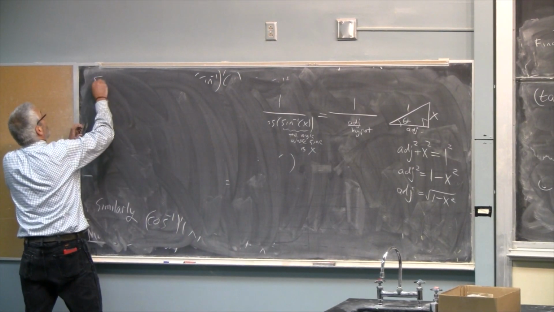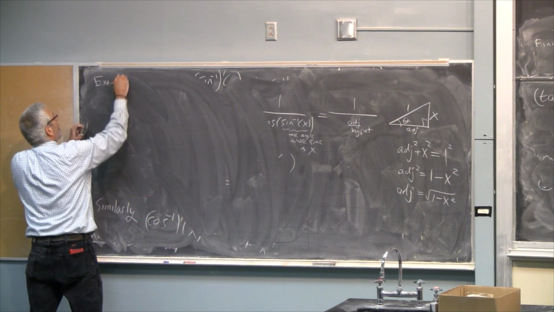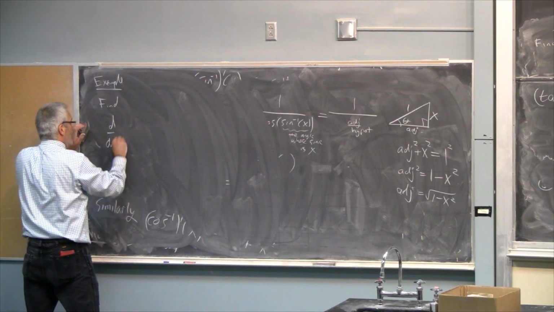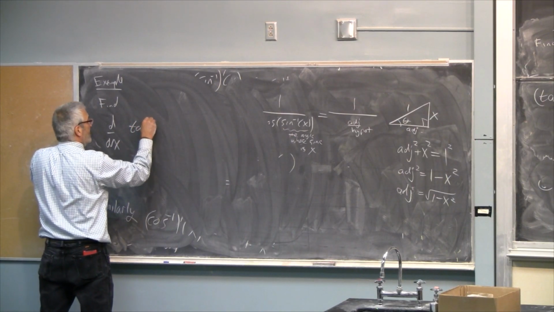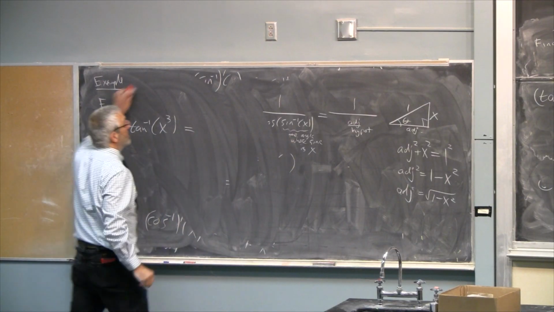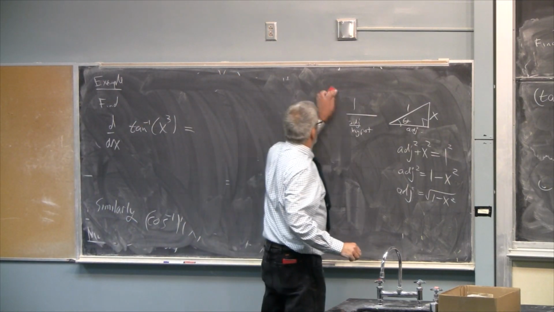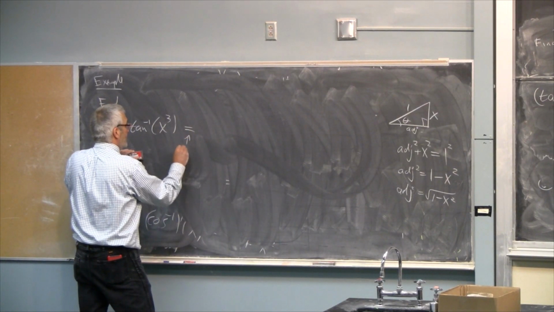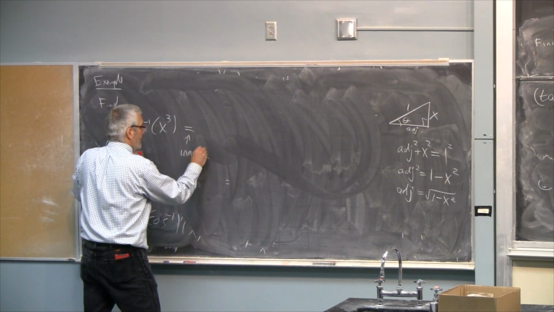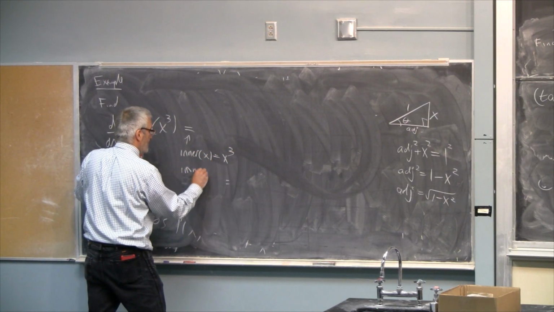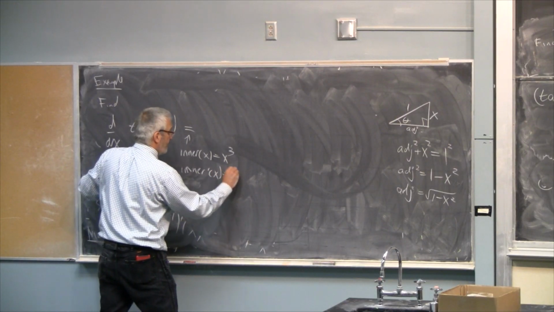So examples, find the derivative of tan inverse of x cubed. Okay, well, the inner function is x cubed, so the inner prime is 3x squared.